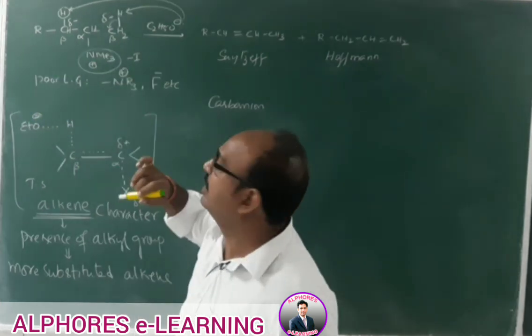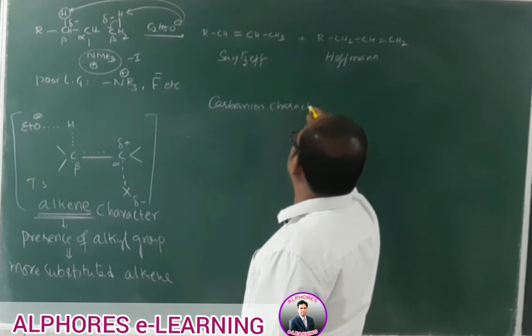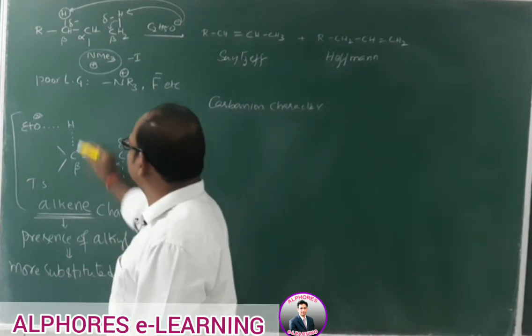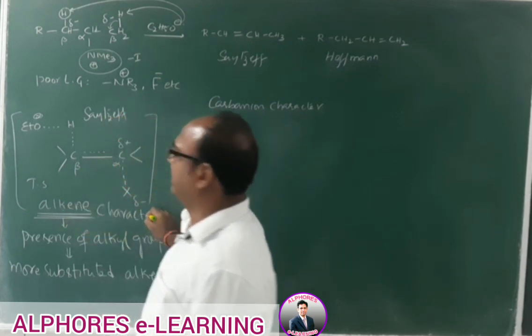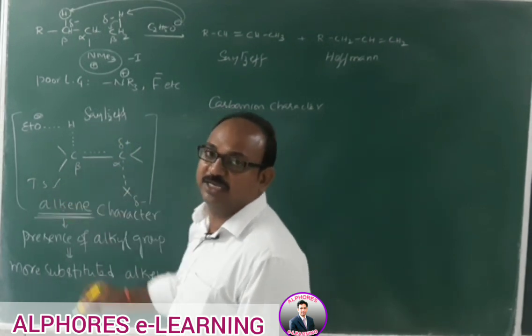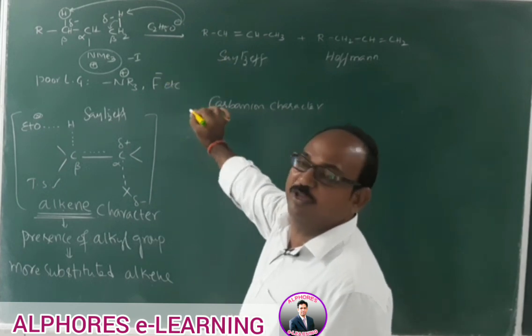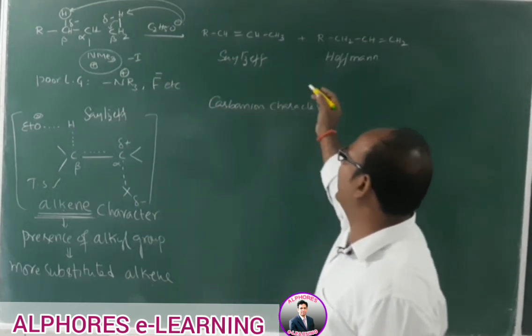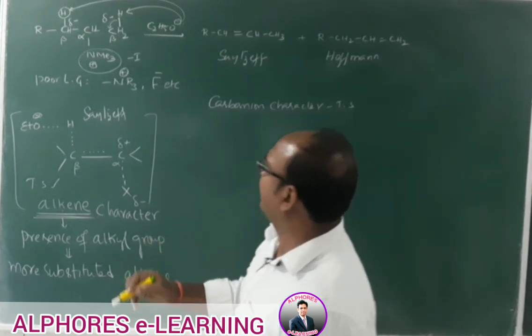Here we have a carbanion-character-containing transition state, whereas Saytzeff elimination proceeds via an alkene-character-containing transition state.